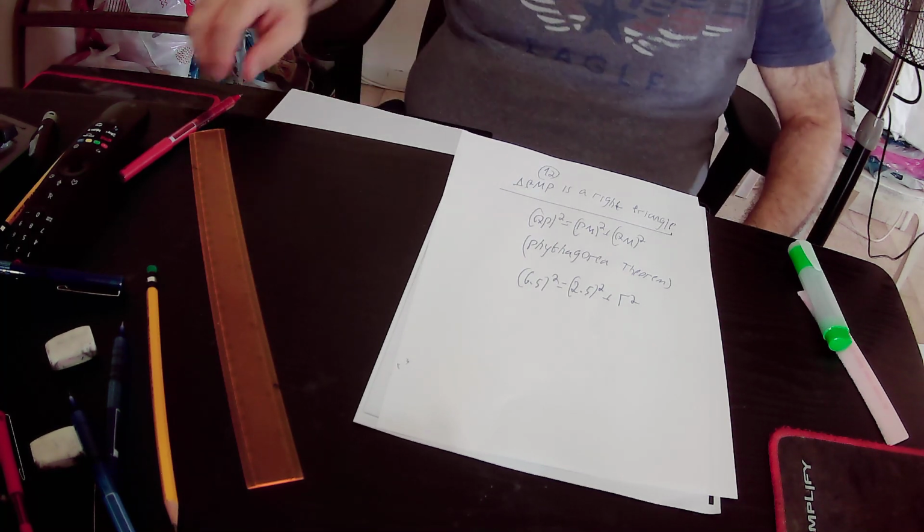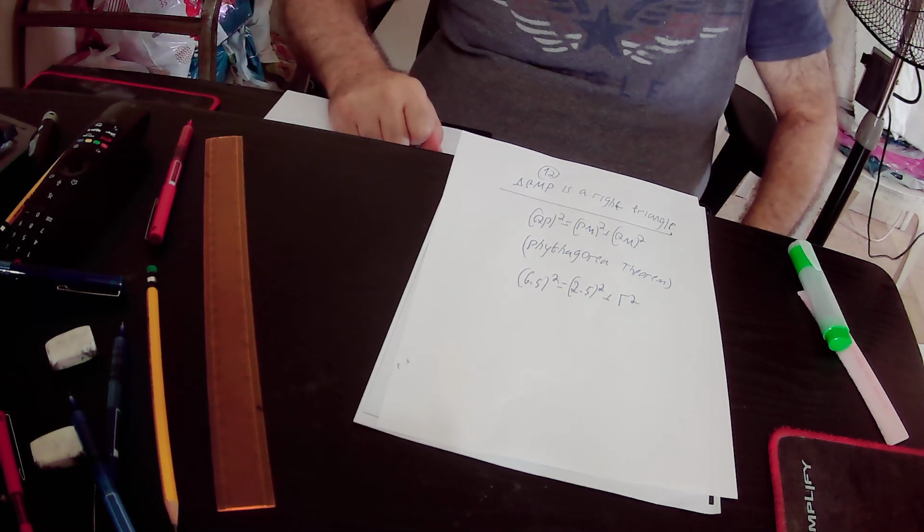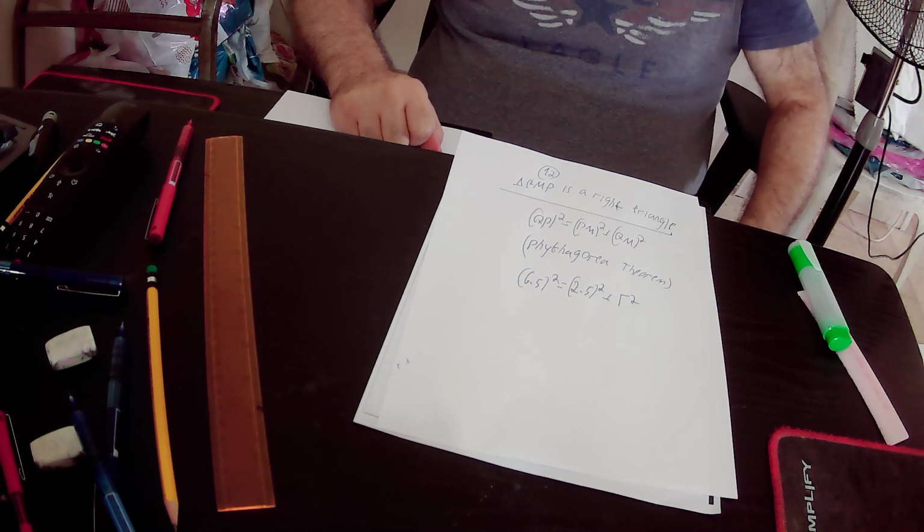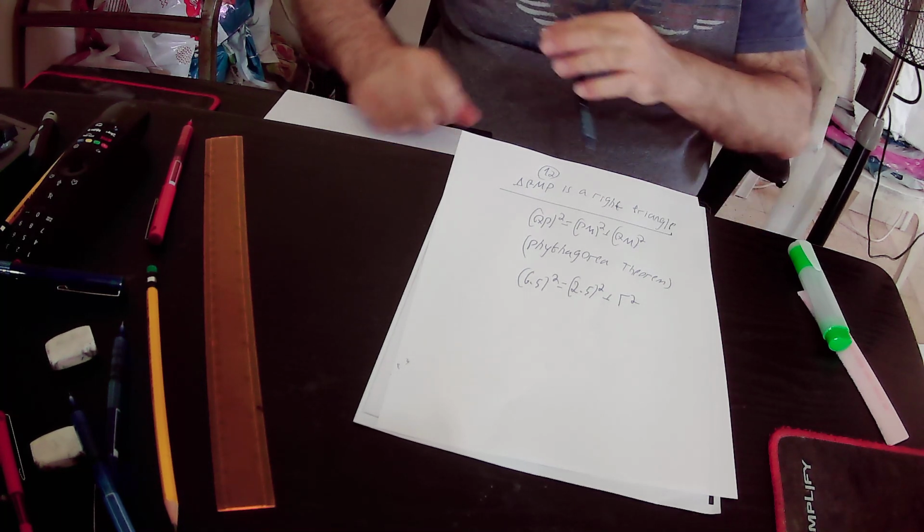6.5 squared is 42.25 and 2.5 squared is 6.25. So I write it down.